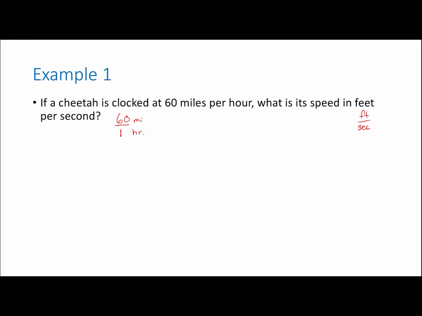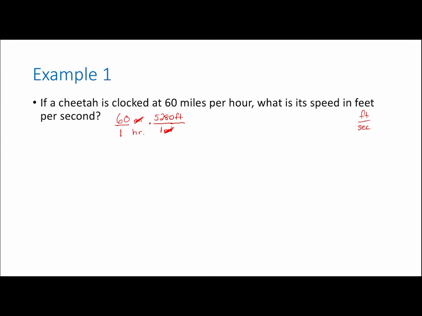Well, we can start by saying that we know 1 mile is 5,280 feet. It is important to make sure you have your unit here. Okay? And so what's happening is that the miles cancel out, and now it's going to become feet when we multiply 60 times 5,280.